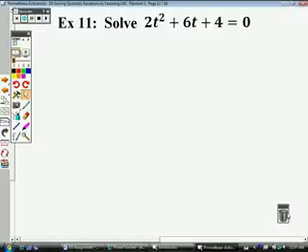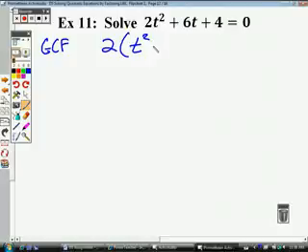Good, GCF. That's right. But also, after you get done GCF, there'll be something else there. So if I start with GCF, I know that they all have a 2 in common. So 2t squared plus 3t plus 2.